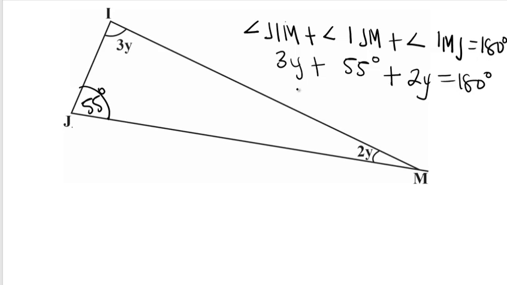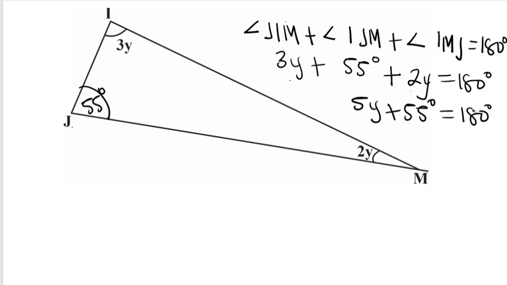So with this, you group like terms and simplify further. 3y plus 2y is going to give us 5y. So you have 5y plus your 55 degrees, and that is equal to 180 degrees.